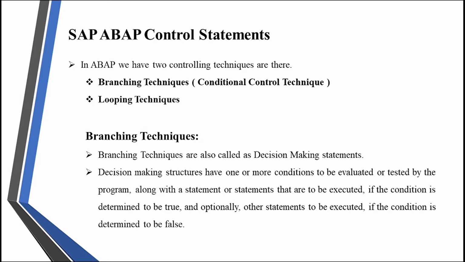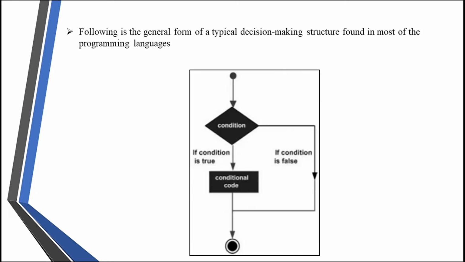For example, when a situation arises that we want to execute one set of statements based on a condition, and these statements are to be skipped based on the condition, in those situations we use branching techniques or conditional control techniques. The major form of the branching techniques is like this.